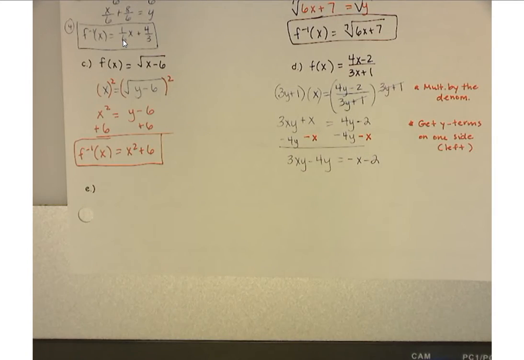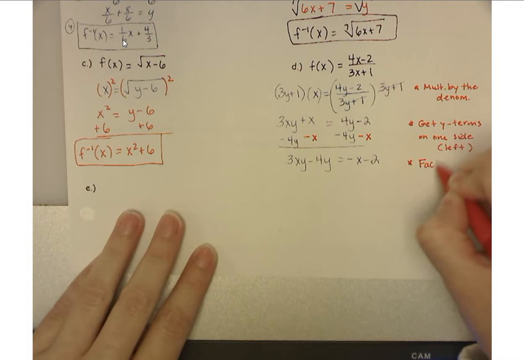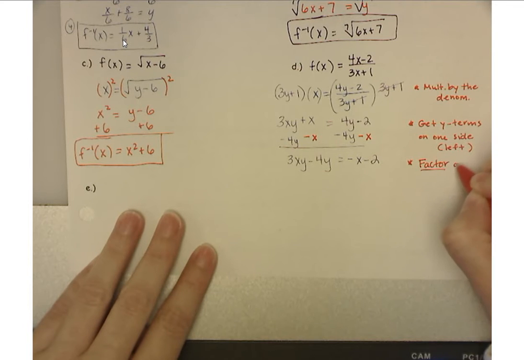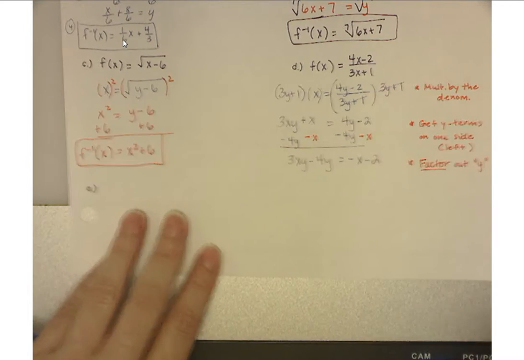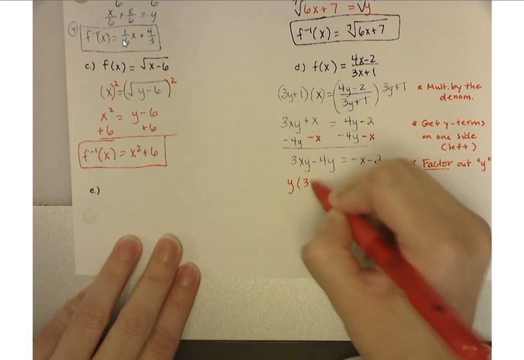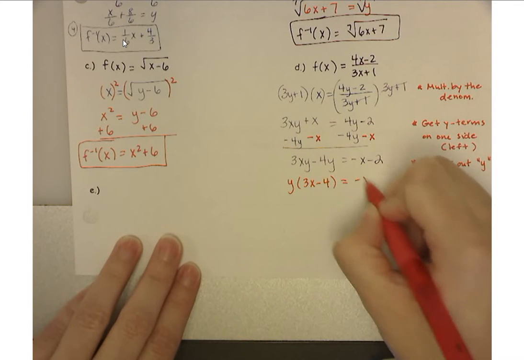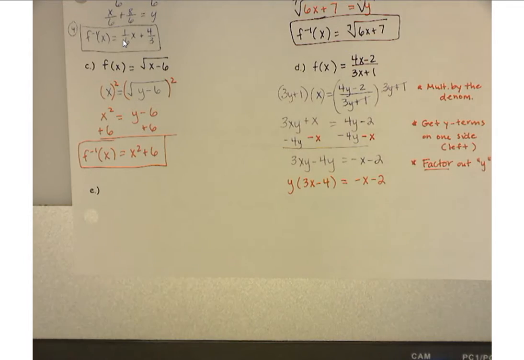Okay, so now I can factor out the y. Okay, so then when I factor out the y, I have 3x minus 4. So y times 3x minus 4 equals negative x minus 2.